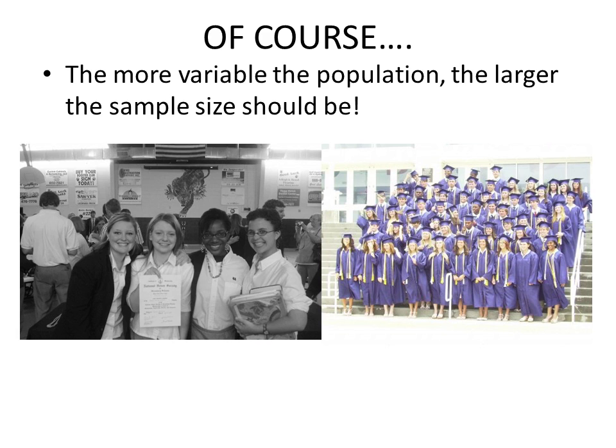Now let's also look at this from the more variable the population, the larger the sample size should be. So let's say we want to estimate the math achievement of 6th graders in a large metropolitan school district, and we draw a random sample of 30 students.